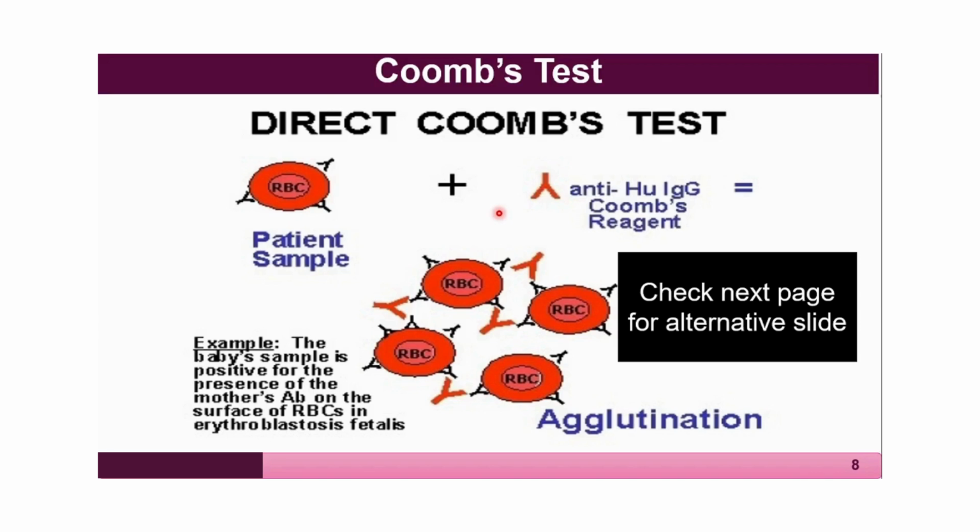And he also showed that by injecting human immunoglobulins or human antibodies into animals, one can develop anti-human immunoglobulin. Anti-human globulin or immunoglobulin is nothing but an antibody developed in an animal against a human antibody. A human antibody in the purified form injected into the animal will develop anti-human antibody.